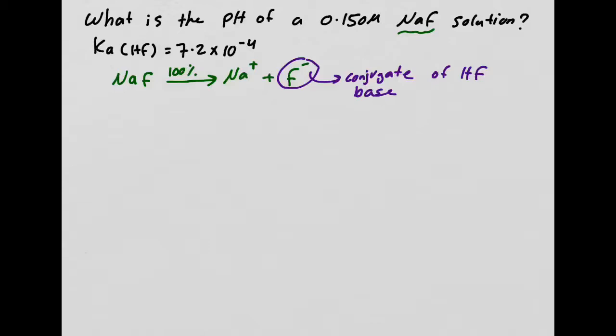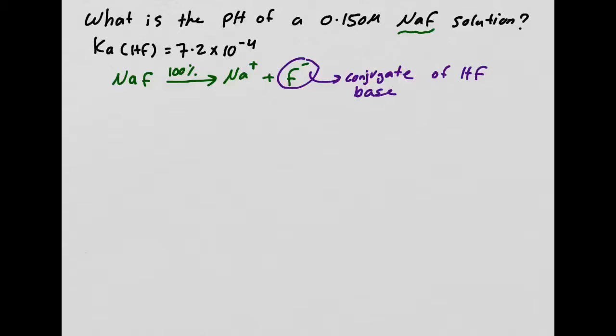You follow me so far? So I have this salt, Na plus and F minus. Now when I look at F minus, I go, wait a second, F minus is the conjugate base of hydrofluoric acid, so it is going to act like a base, right?